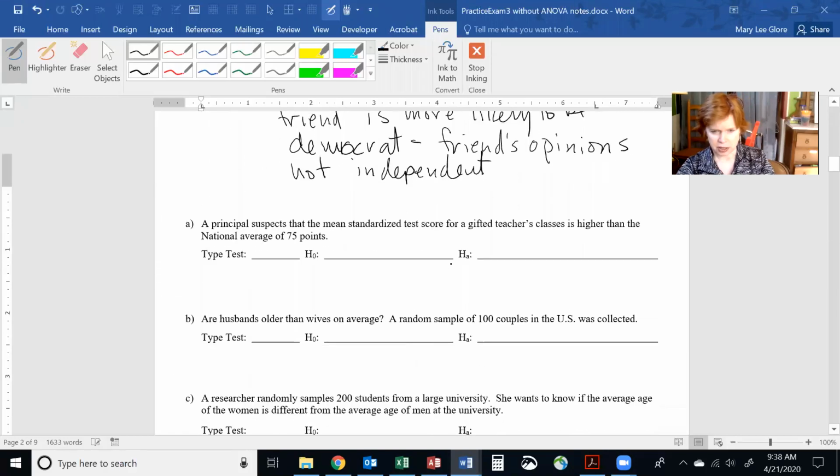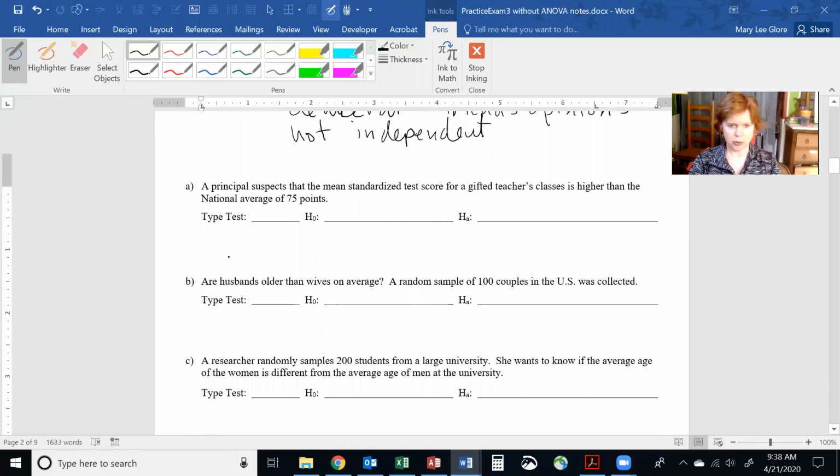All right. So let me see. Here we go. Are husbands older than wives on average? Are husbands and wives independent when it comes to age? All right. So if I know the husband's age, let's say the husband, he is 80 years old. All right. And then I say, well, what's the wife's age?